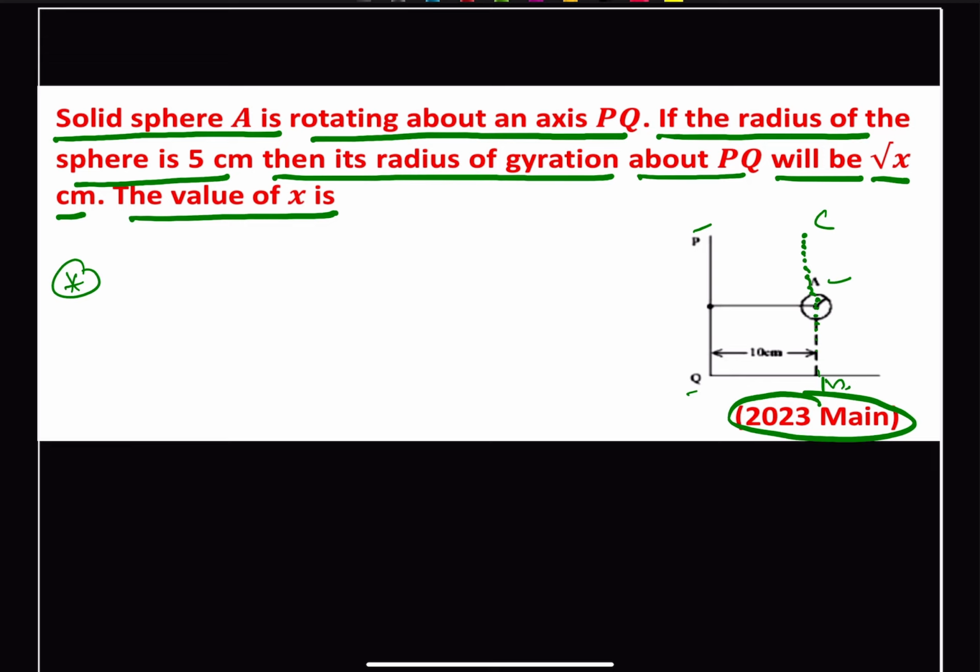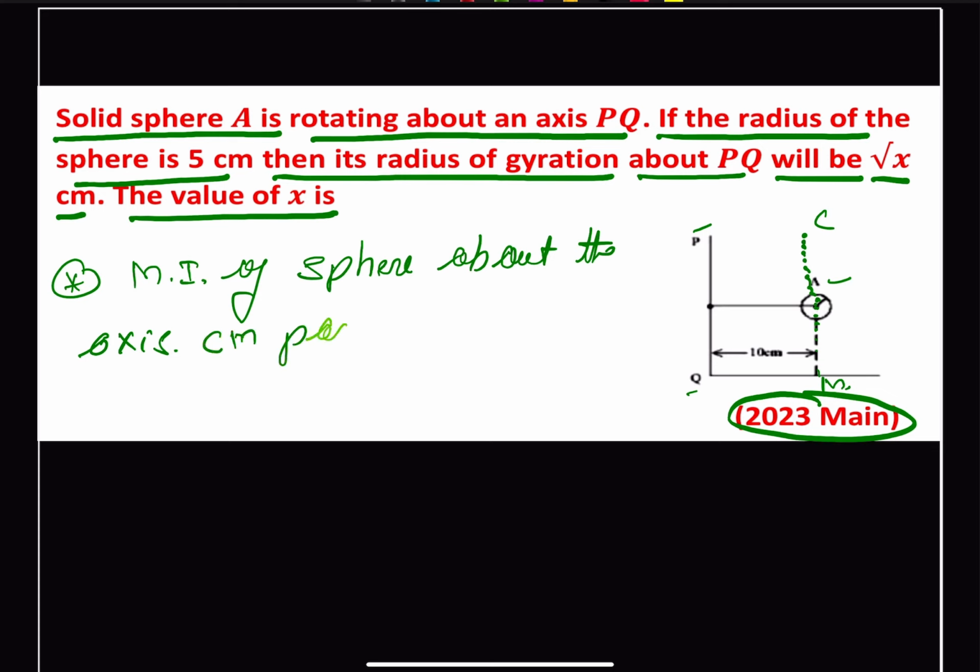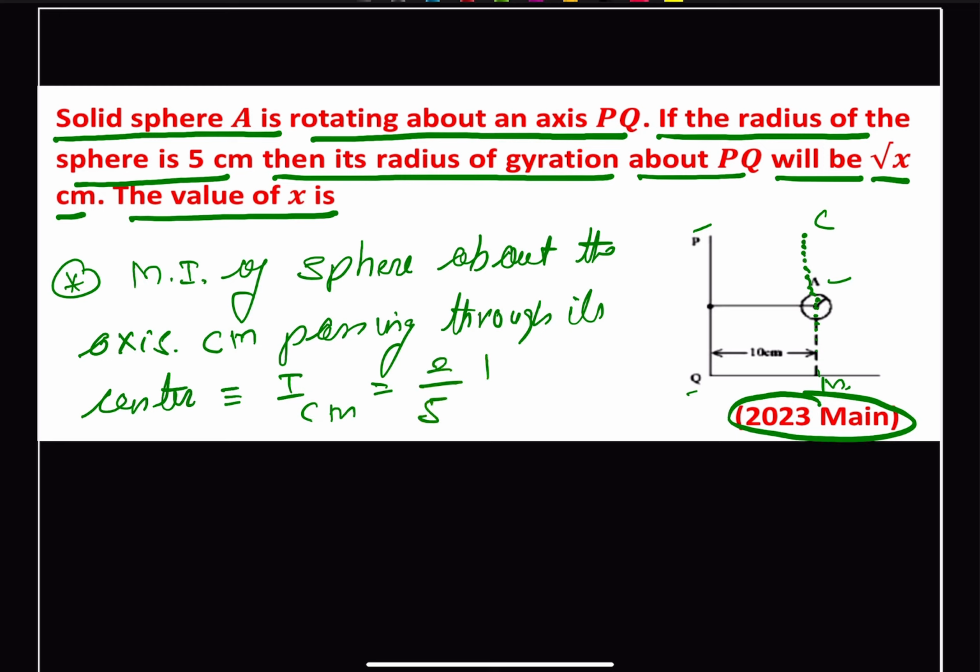The moment of inertia of the sphere about the axis CM passing through its center, this is a standard formula, ICM will be equal to 2 upon 5 MR square.